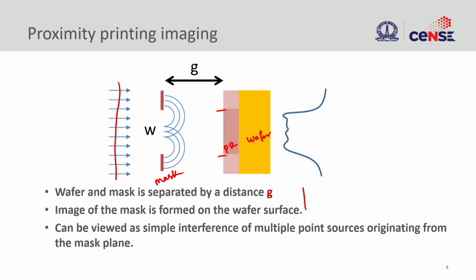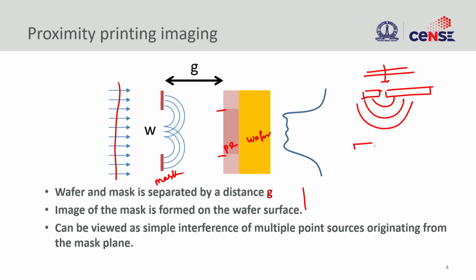But you can imagine this gap acts as n number of spherical sources, and they all will interfere at the photoresist. For people who are aware of these optical principles, if I have a broad plane wave coming into this small opening here, you can approximate this as a spherical wavefront that is going out.